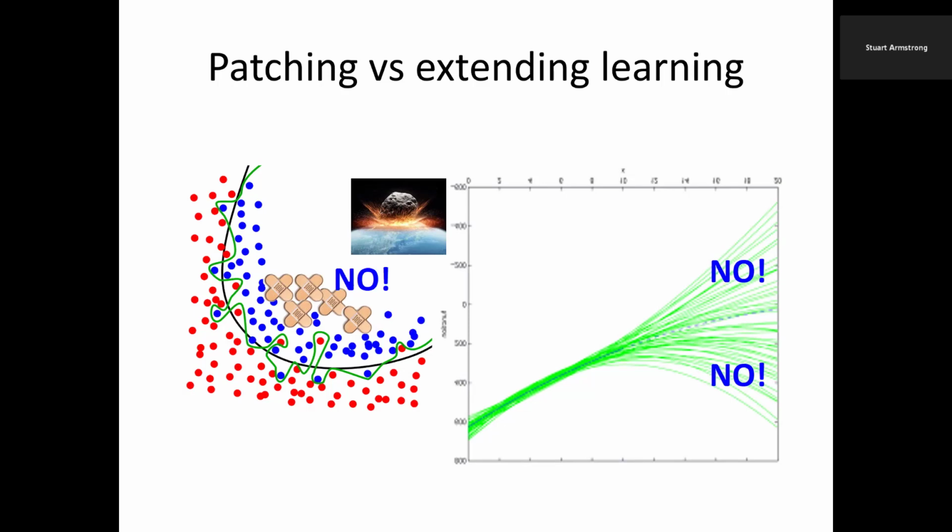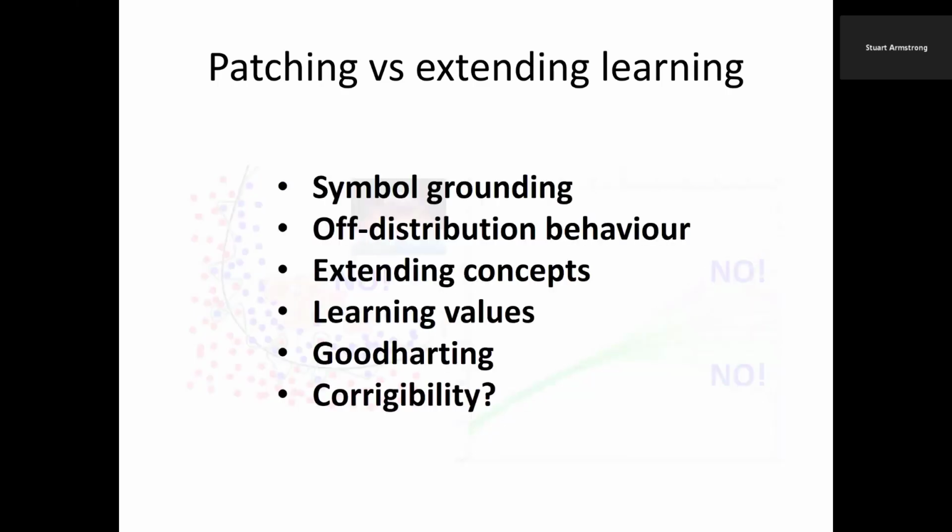So this is a sort of global constraint. Similarly, if we find the repugnant conclusion repugnant, that's a sort of global constraint. Anyway, this was just one intuition, and I also feel that things like symbol grounding, off-distribution behavior, and a few other things can be potentially solved in this kind of way. This is one of the fundamental intuitions.